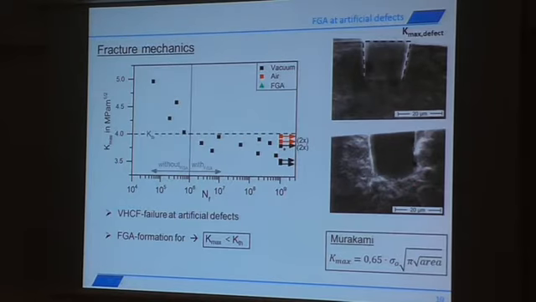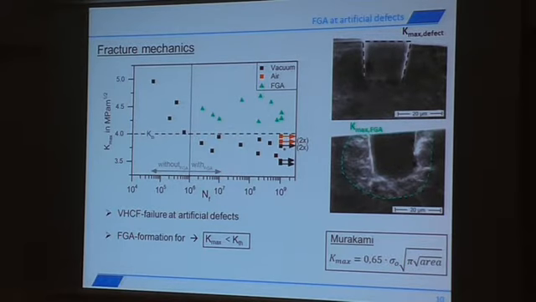So now to the fracture mechanics, just as for inclusions. We see that high cycle fatigue with fisheye formation occurs if the threshold value for long cracks is overrun, but if the stress intensity factor at the defects is below the threshold value, we get FGA formation like this.